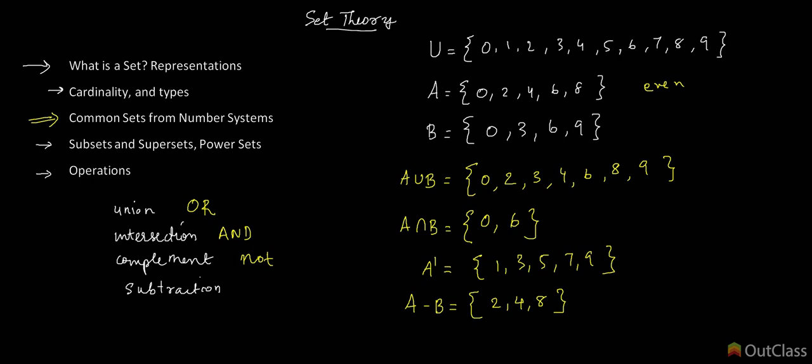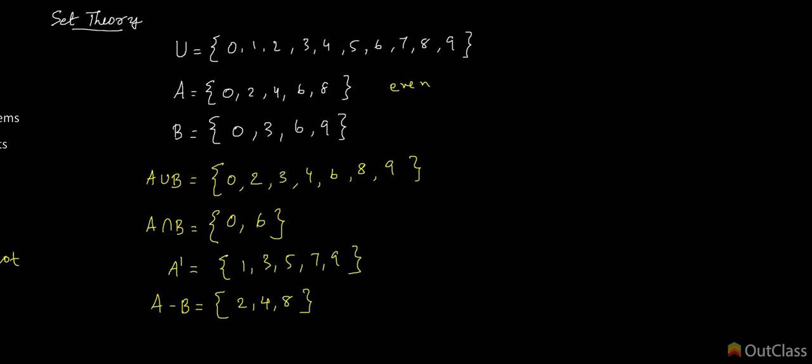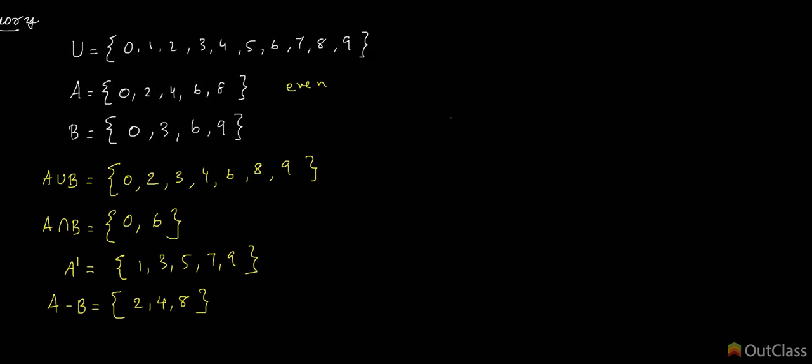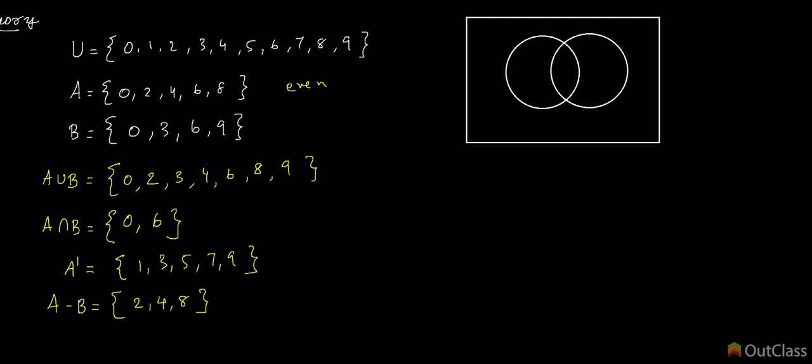Let's quickly look at what this looks like on a Venn diagram or visual representation. I will have two sets, A and B. That's my A and that's my B, and I will draw a universal set. Everything will be inside the universal set. So my set A contains 0, 2, 4, 6, 8. My set B contains 0, 3, 6, 9.